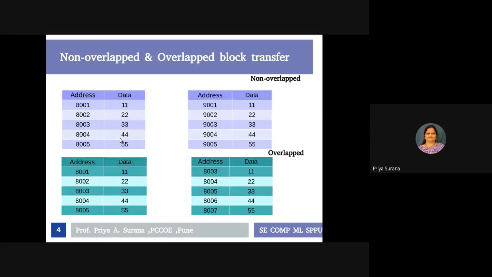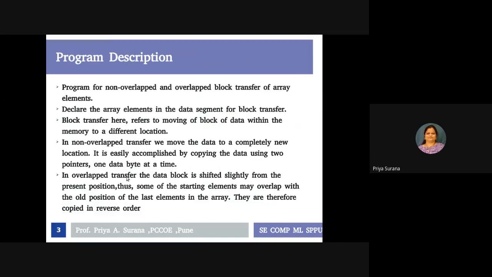Now check the overlap case. The source location is the same, 8001 to 8005. The destination location starts from 8003, which is there in the source also. As we just discussed, in overlap block transfer, data is shifted slightly from the present position, that is from the source. Thus some of the starting elements may overlap.